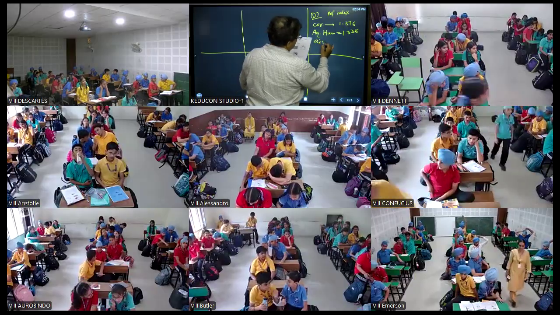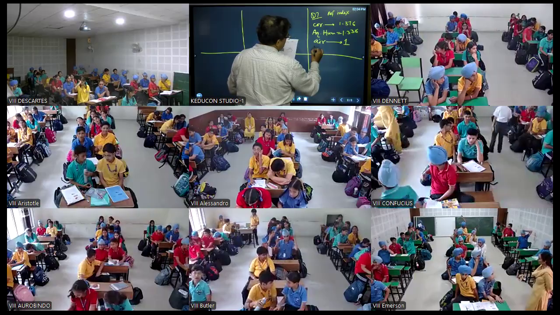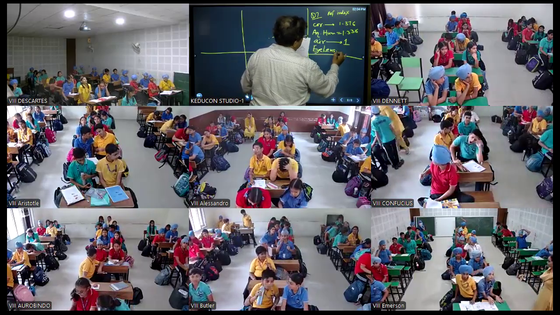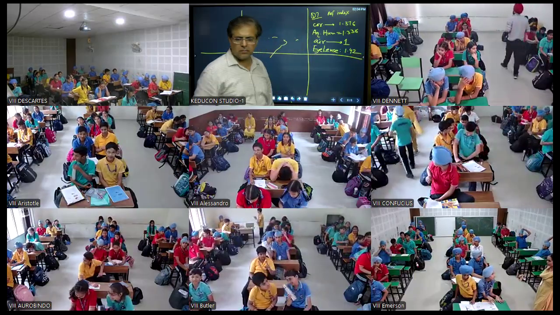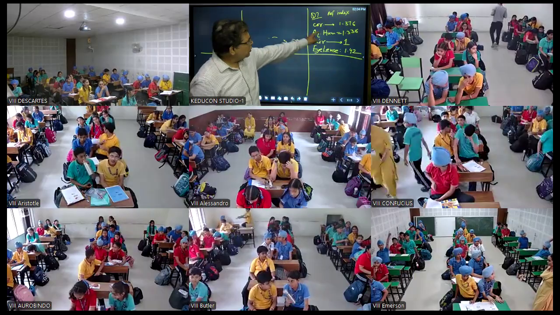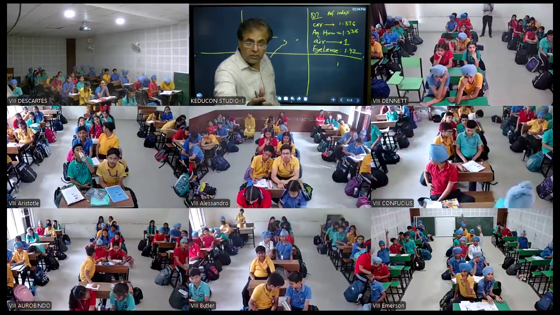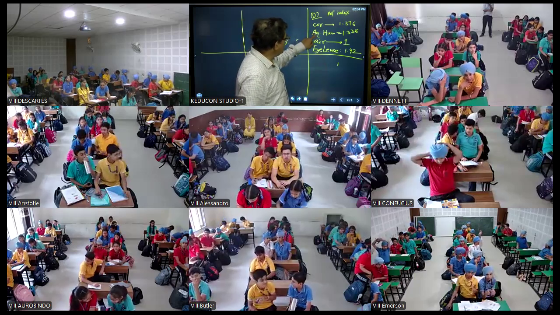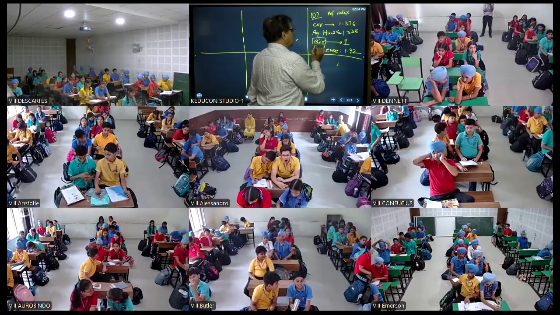Air refractive index is 1. Then your eye lens, it is 1.42. All students should note this. Write down everybody: refractive index, cornea, aqueous humor, air, eye lens.